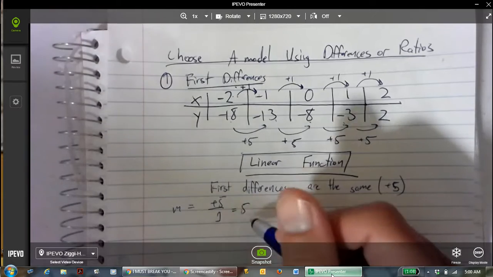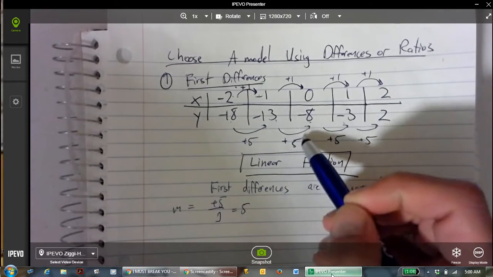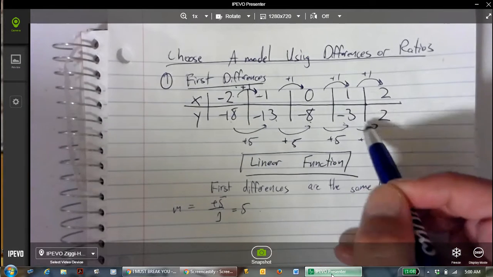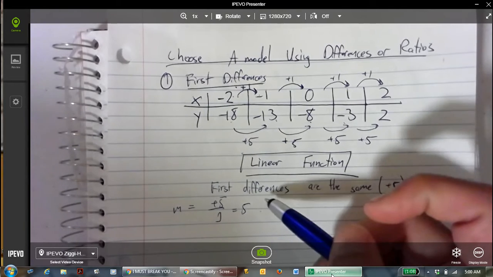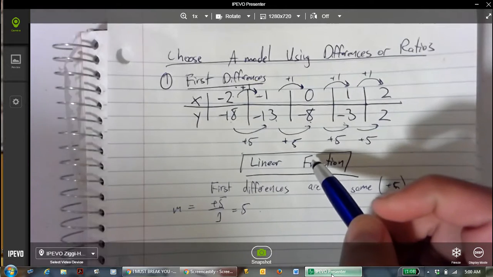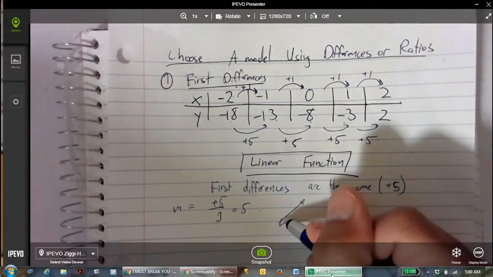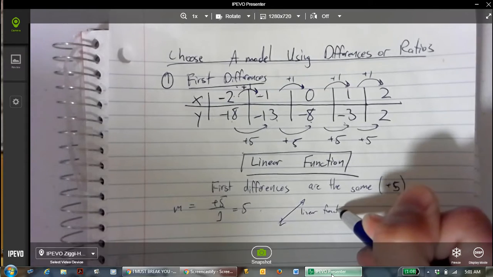You don't have to do this part, I'm just showing you some extra stuff to understand. You'd still get 5 divided by 1, that's still 5. You keep doing it between every 2 points, and you're going to see that it's always positive 5 in this case. Anything with a constant slope between every 2 points is a linear function.